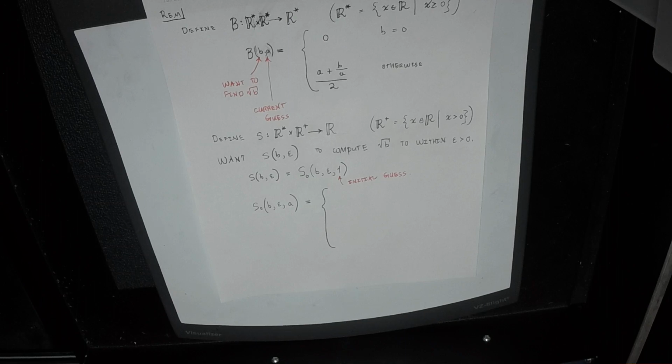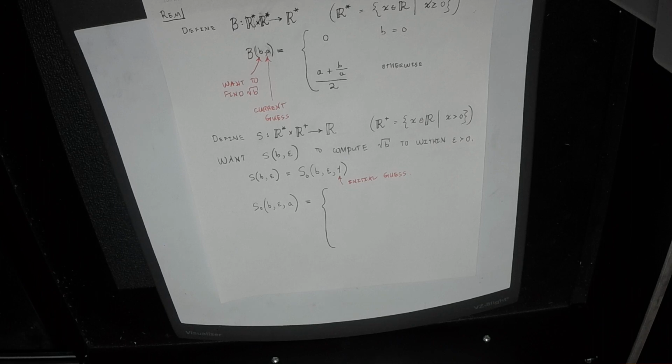All right. So, what can we do? So there's going to be 2 clauses. One of the clauses is going to be that we have found the answer. And that means that we found an answer that is within epsilon.